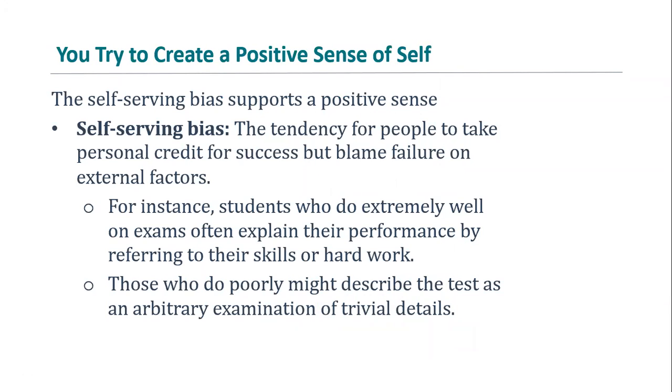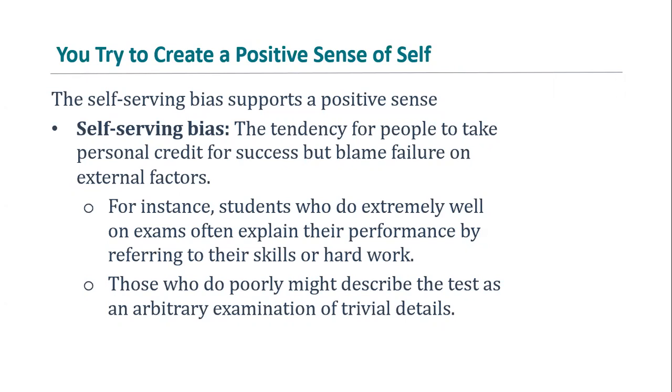We've talked about the self-serving bias a little bit earlier. This is that tendency for people to take personal credit for success, but blame failure on external factors. So when something good happens to us, we take personal credit for it. An example is students who do extremely well on exams.